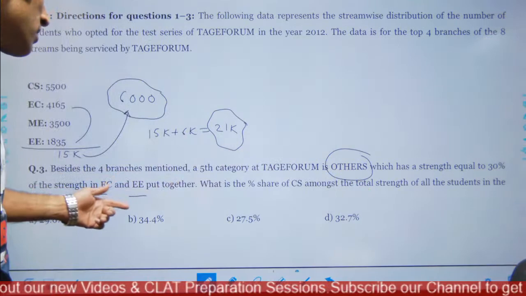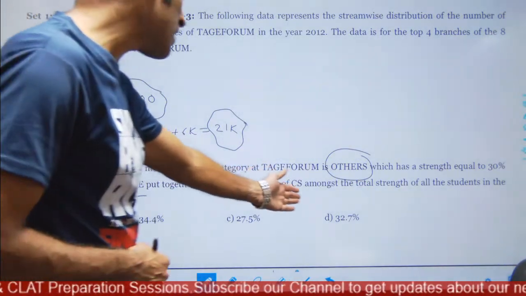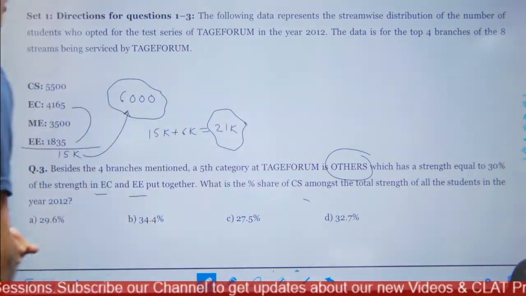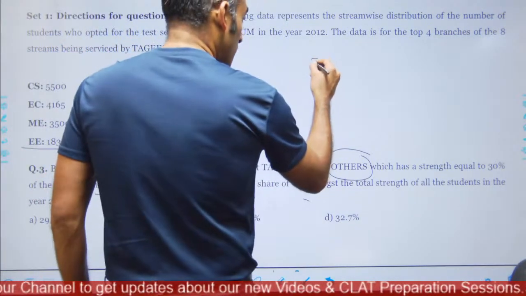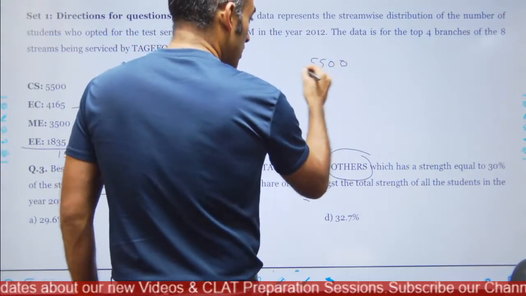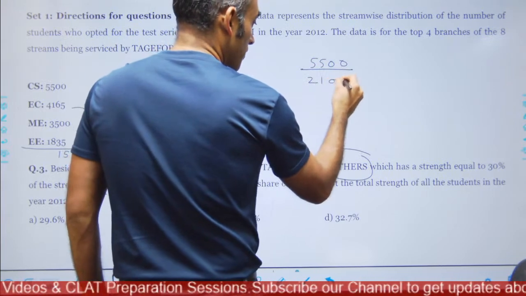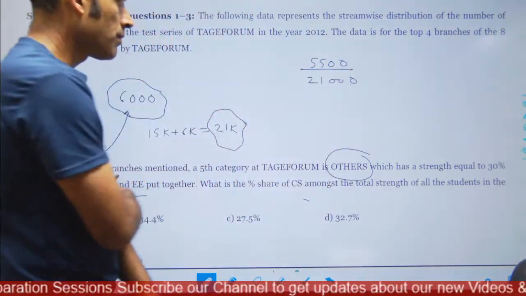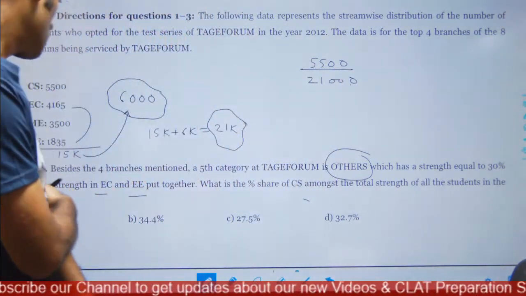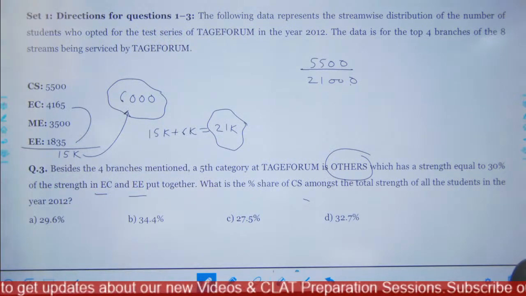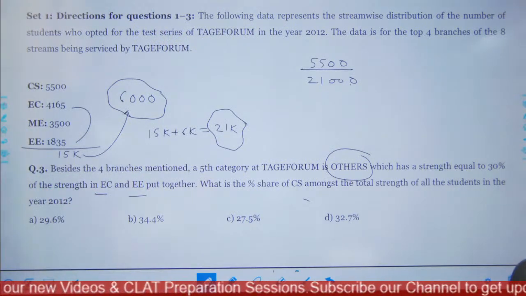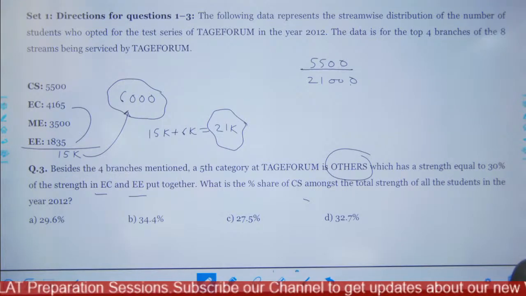Second thing is that we have to find out the share of CS amongst the total strength of all the students. Now, what is CS here? It is 5,500 divided by 21,000. Right? Okay.